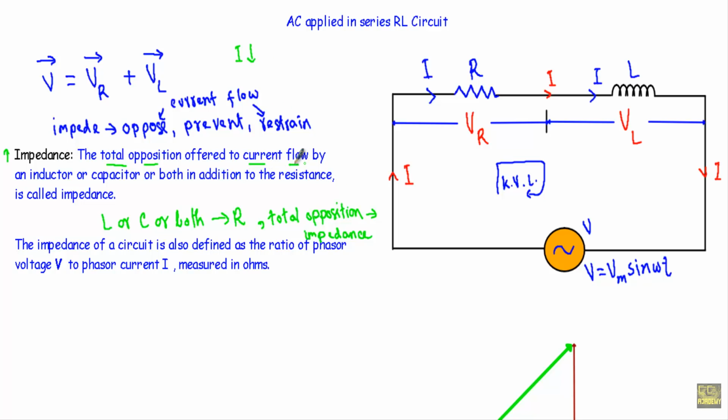This is the original definition of impedance. We can also define the impedance by taking the ratio of voltage phasor and current phasor of that circuit. We denote the impedance with capital Z.